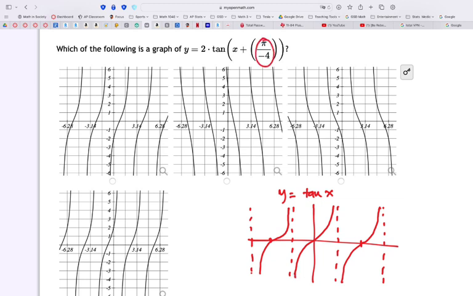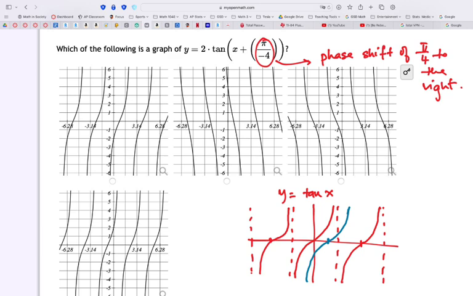Now that thing that we see, a phase shift of pi over 4, we know that the phase shift is pi over 4, but is it to the left or to the right? It's a phase shift to the right. So with the blue curve, do you see that the one curve in the middle has kind of shifted pi over 4 to the right?